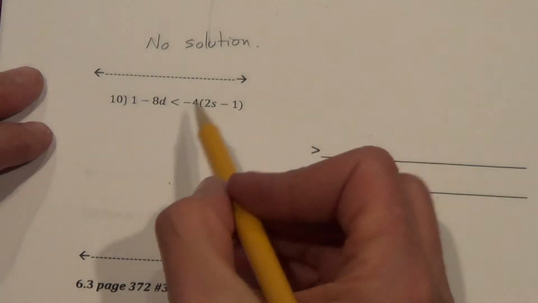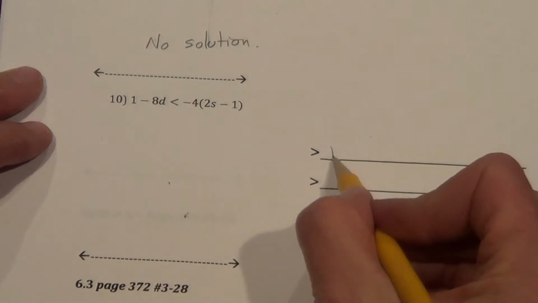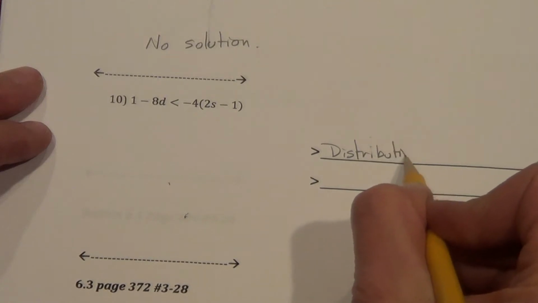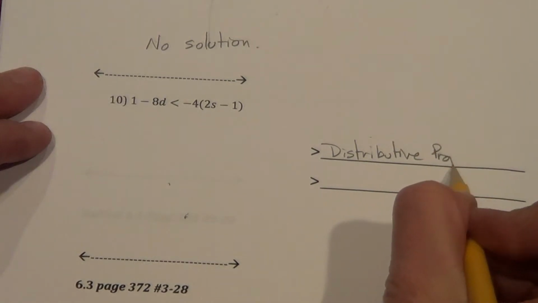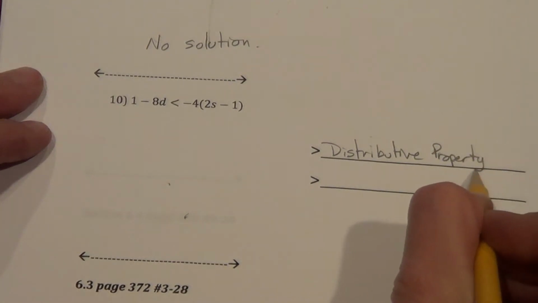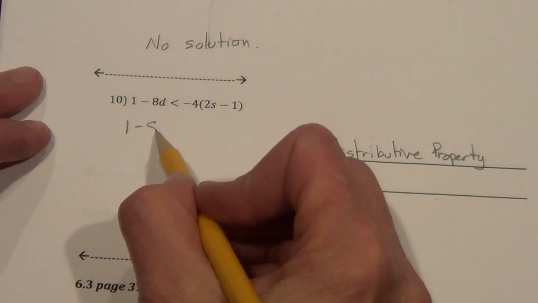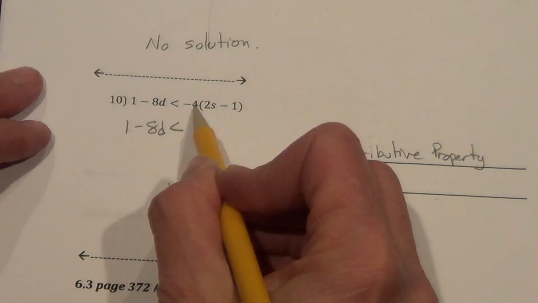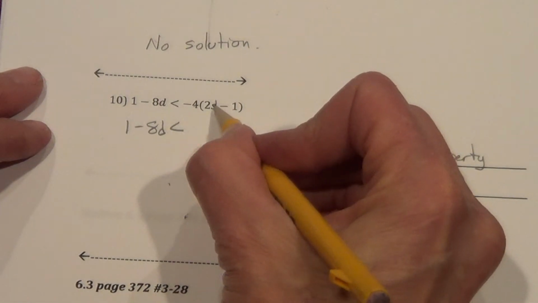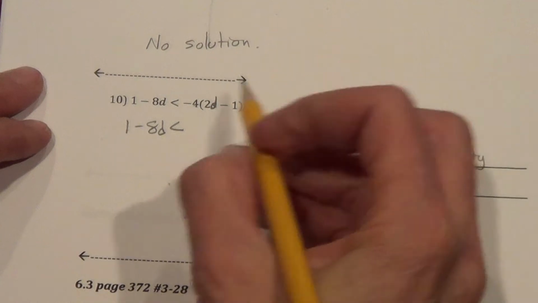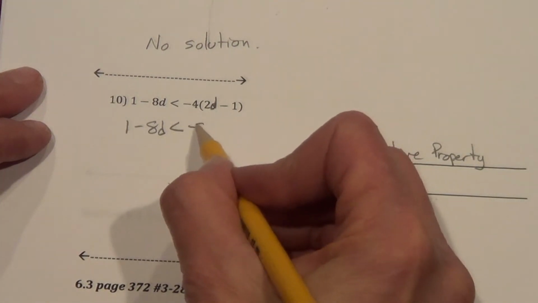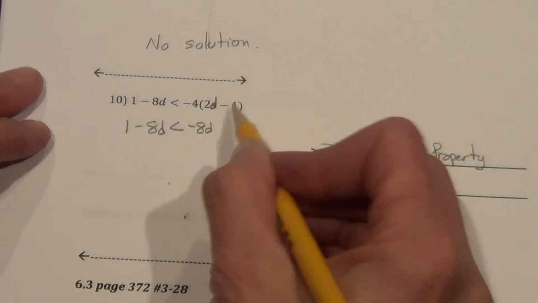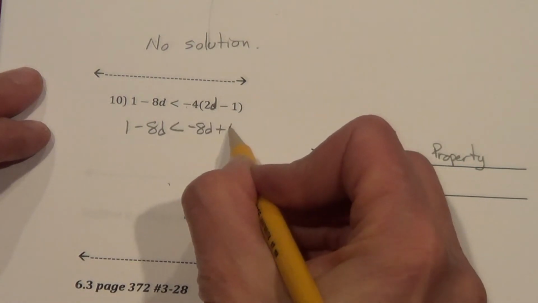Next problem, we need to distribute, so we're going to have distributive property. So we have 1 minus 8d is less than, this should be a d, that's a typo. Okay, is less than negative 8d. Negative 4 times negative 1 is positive 4.